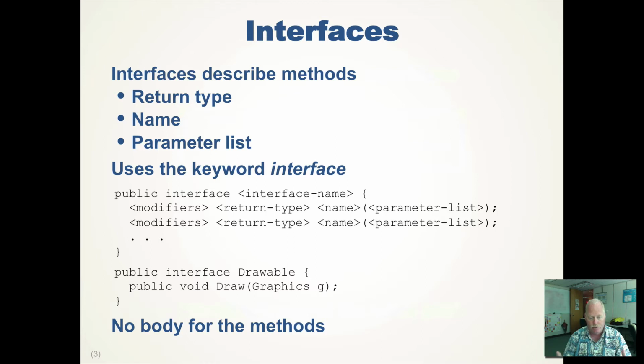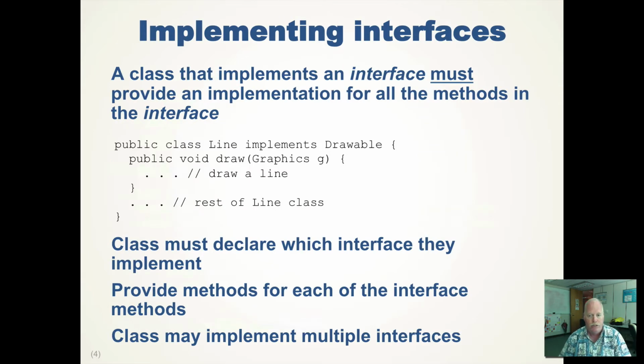So in order to implement that interface, the class must provide all the methods defined in that interface. If it doesn't, that causes an error, so you have to fix the error.